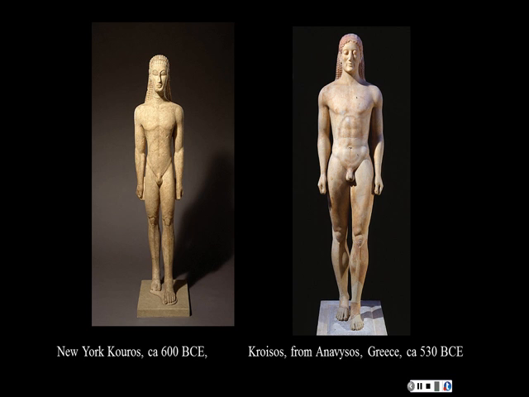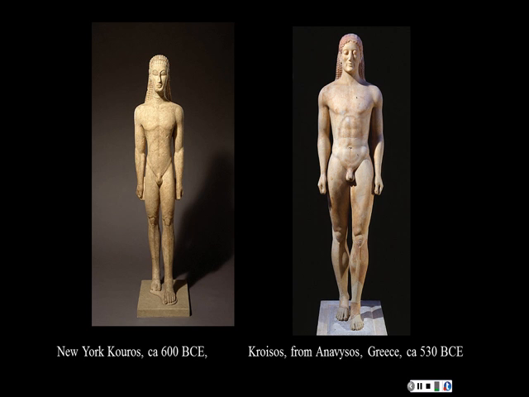Here we see the continuation of the Kouros tradition, another grave marker. We know about Kroisos from the inscription of the work. This was a man who died in battle as a hero. There's an inscription saying, "Stay and mourn at the tomb of the dead Kroisos, whom raging Ares destroyed one day as he fought in the foremost ranks."